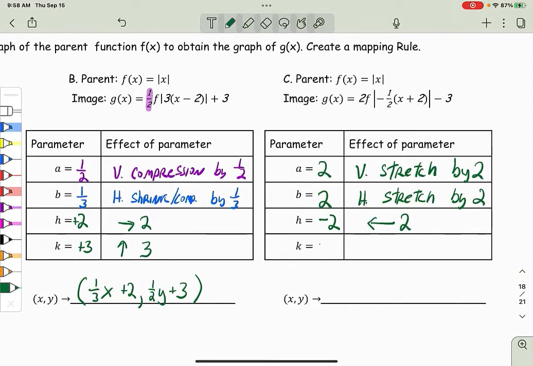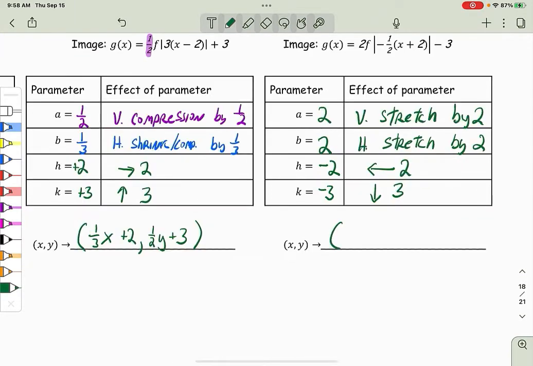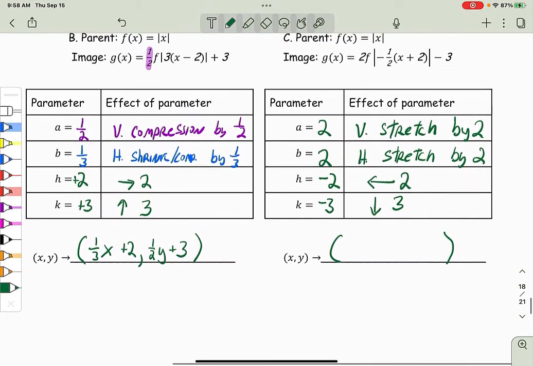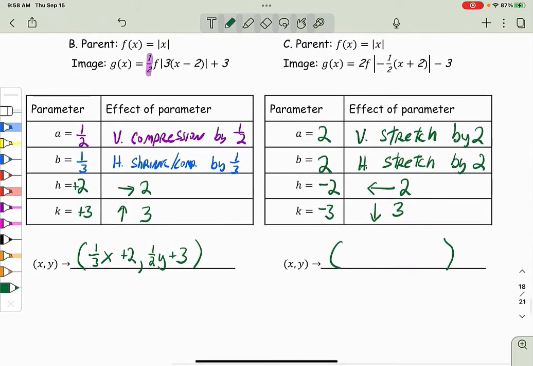And then our k value is -3, which is a downward shift by 3. Our x and y formulas, for our x, we have a -2x, left shift -2. For a y, we have a stretch by 2, and then we're going down 3.